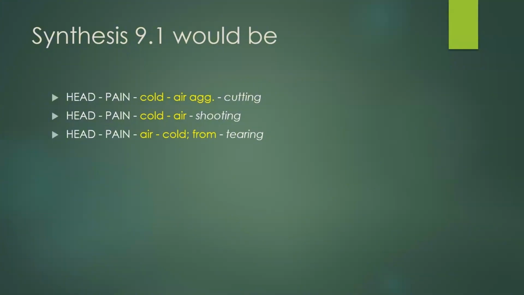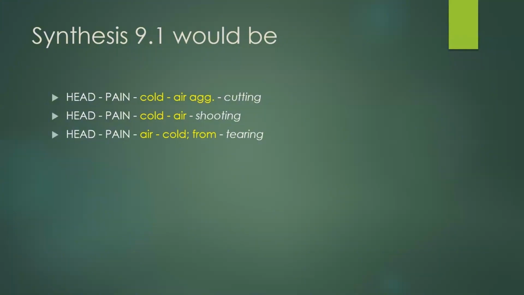And you see on the screen in Synthesis 9.1, it would be cold air aggravates, a cold air. Oh, but then I see air cold. Yes, indeed. Sometimes Kent used cold air, and in other rubrics he used air cold. So they're not together.